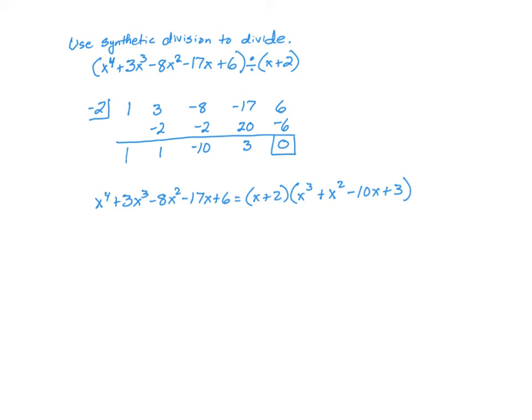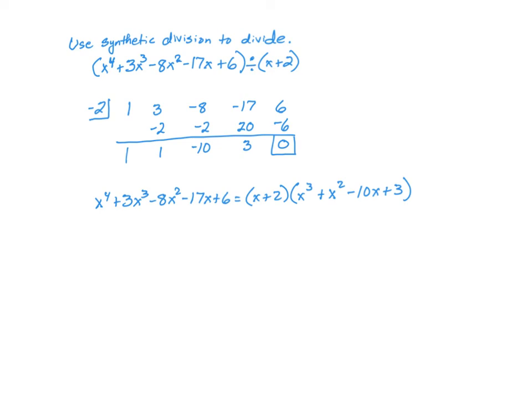And what we see is that x plus 2 is actually a factor of this dividend, because this dividend is the product of x plus 2 and this polynomial. So now we have a way to easily determine whether some first-degree polynomials are factors of other polynomials.